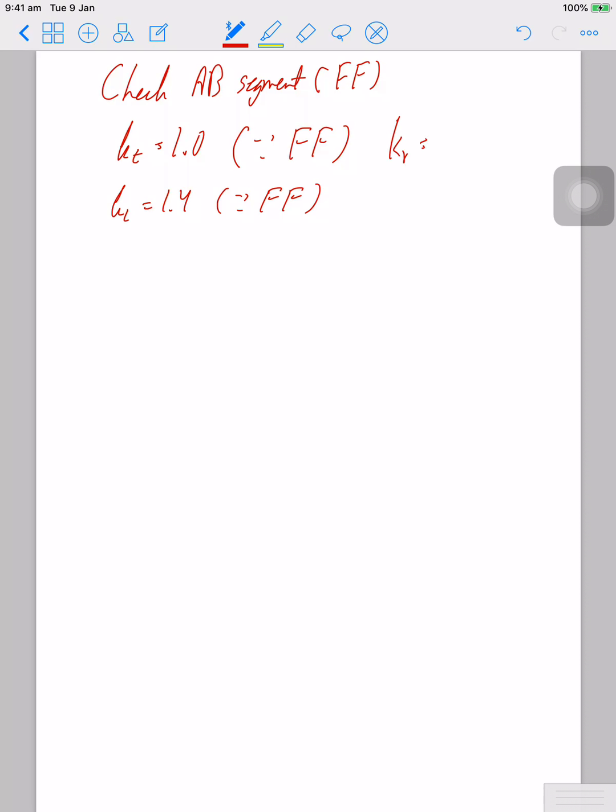And then for K_r, you take the maximum value because it is fully restrained. Now we calculate our L_e, your effective length, which will also come out to be 4,200 millimeters.